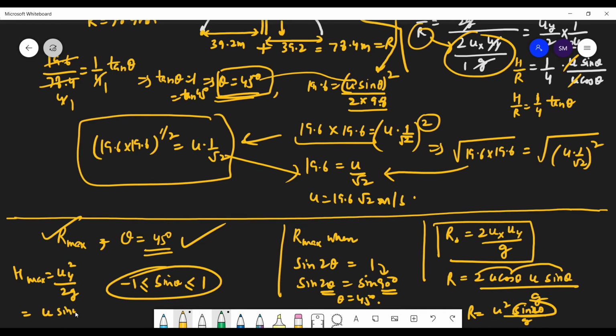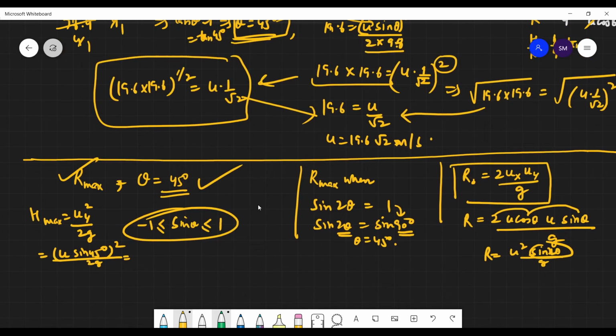So u sin 45 degree square divided by 2g, right? Yes, sir. So this comes out to be u square.